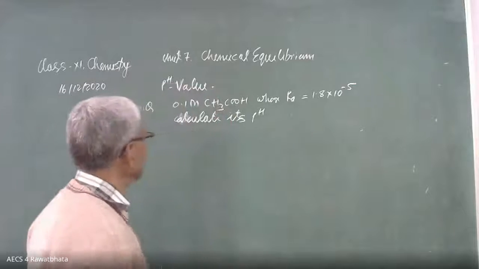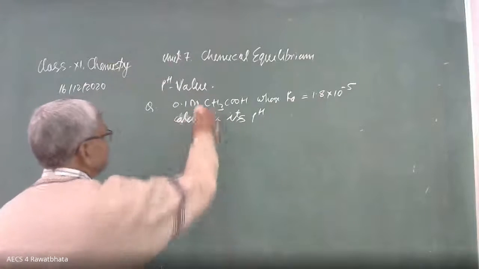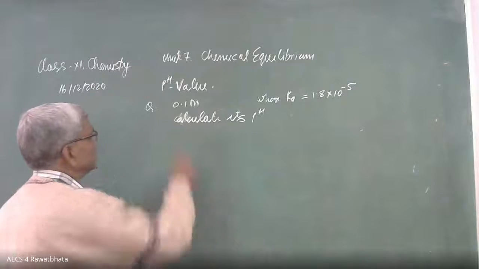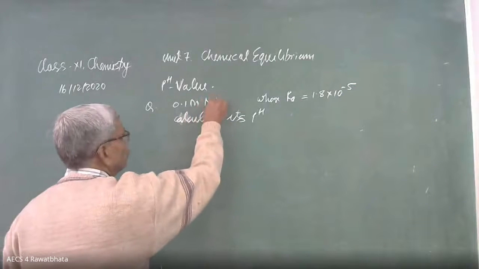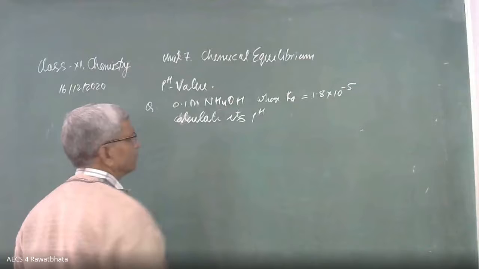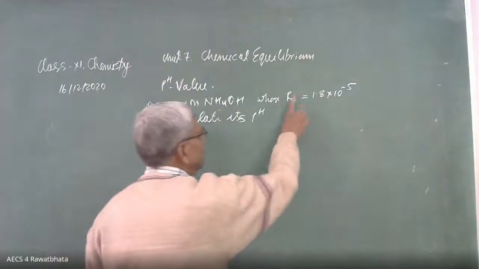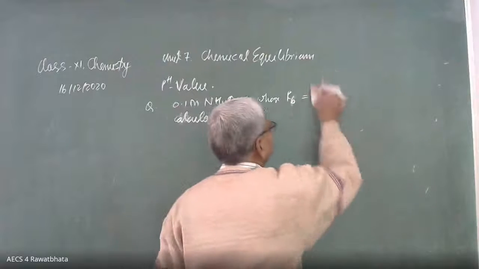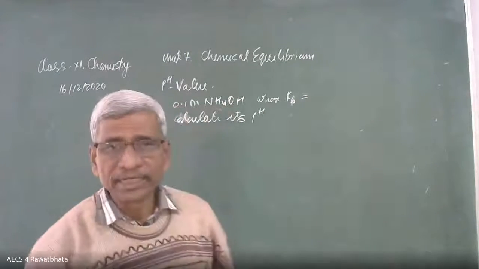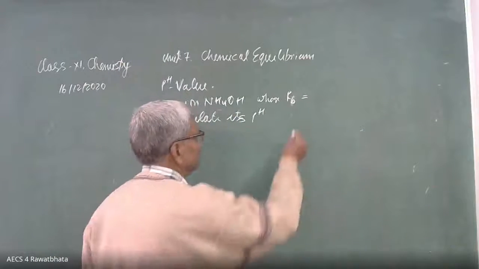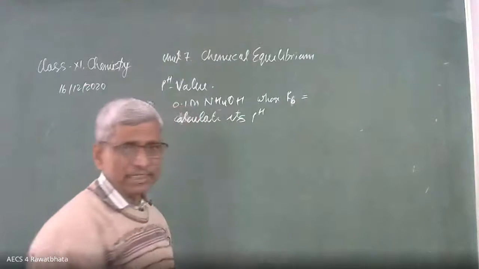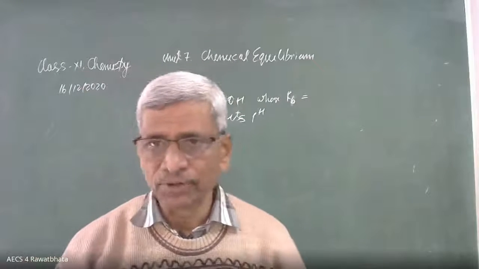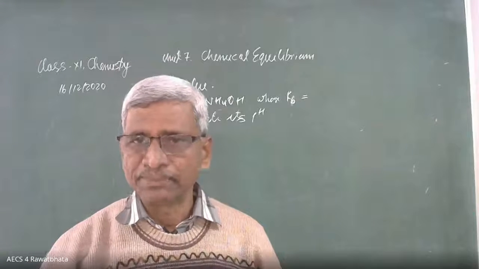Calculate the pH of 0.1 M NH4OH, whose Kb you can take from the book. I don't remember the value of Kb for NH4OH, so take it from the book and try to calculate its pH.